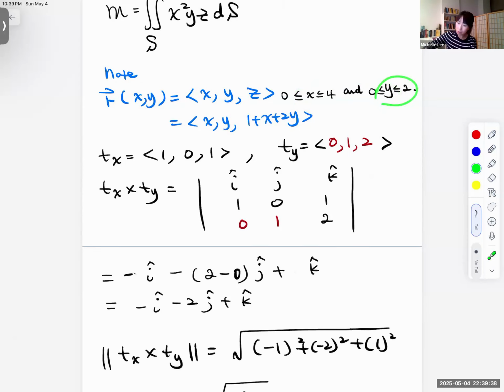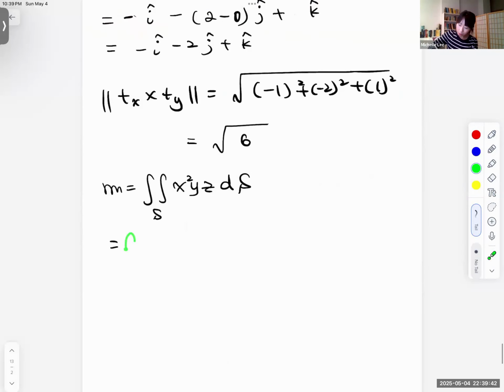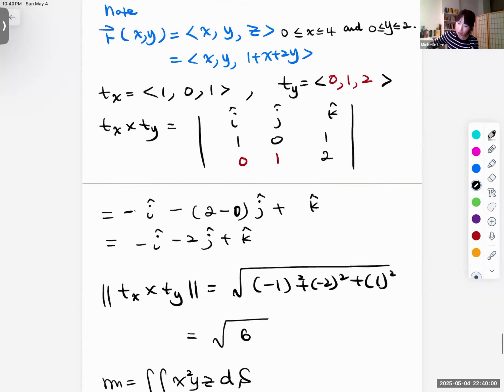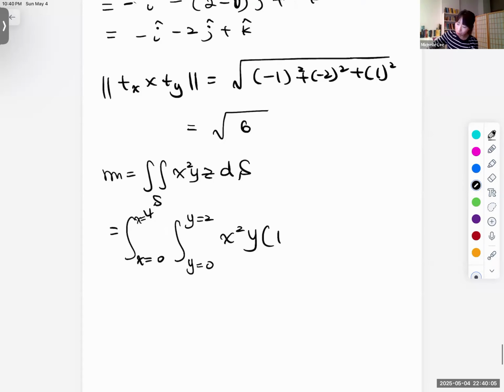Okay, let's follow the textbook so that we can check the answer. So we have x equal to 0 to 4, and y equal to 0 to 2. X squared y z, earlier we have 1 plus x plus 2y, right? So 1 plus x plus 2y dy dx.